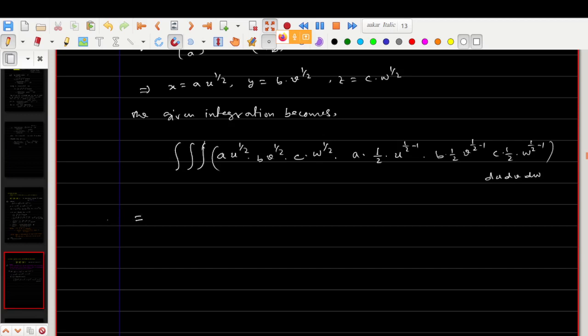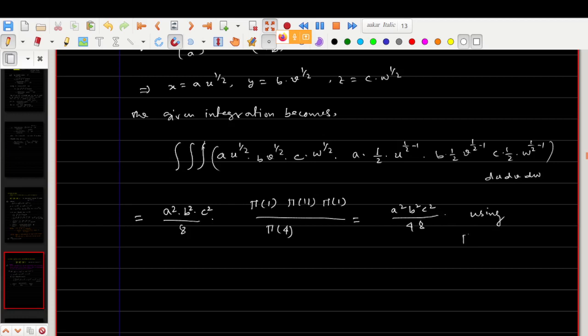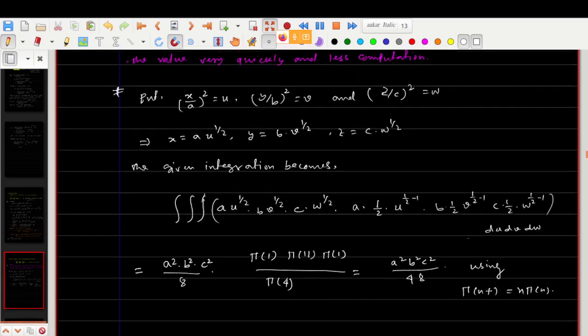That is actually equals a square b square c square by 8 times gamma 1 by gamma 4, that is actually equals a square b square c square by 48, using gamma n plus 1 equals n gamma n.